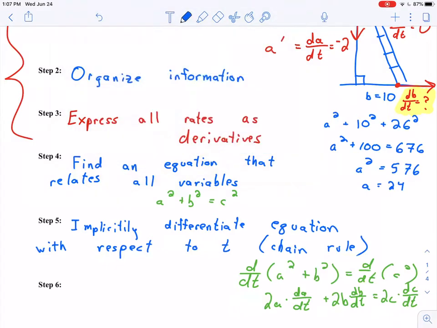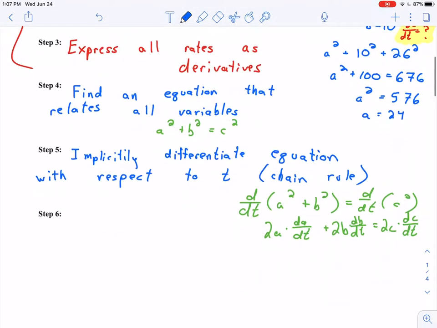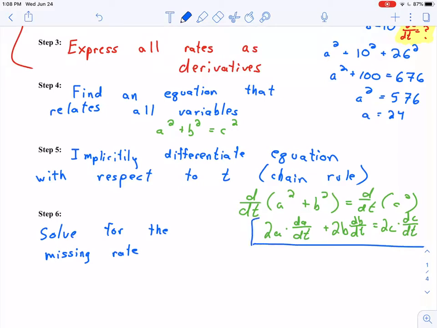Step 6, our last step here, we want to solve for the missing rate. And here we should just have a little bit of substitution, a little bit of algebra to do, because we have this relationship now that relates A and dA dt, B and dB dt, and C and dC dt.